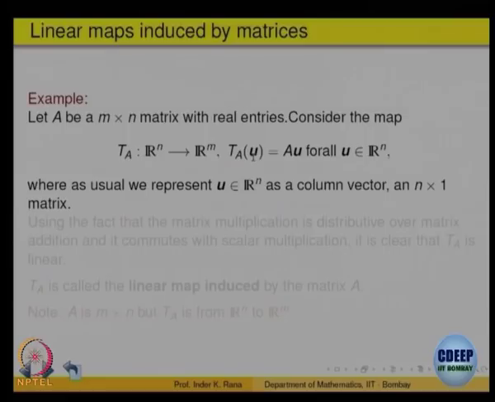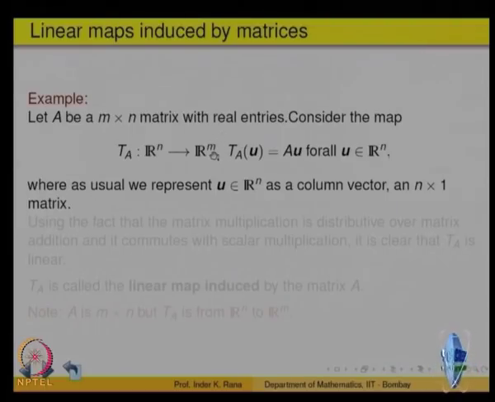For a vector u in R n, A is a matrix of order m cross n. So, you can multiply A with u. m cross n, this vector is n cross 1, u as a column vector we are treating as a column. So, what will be the result? m cross 1.